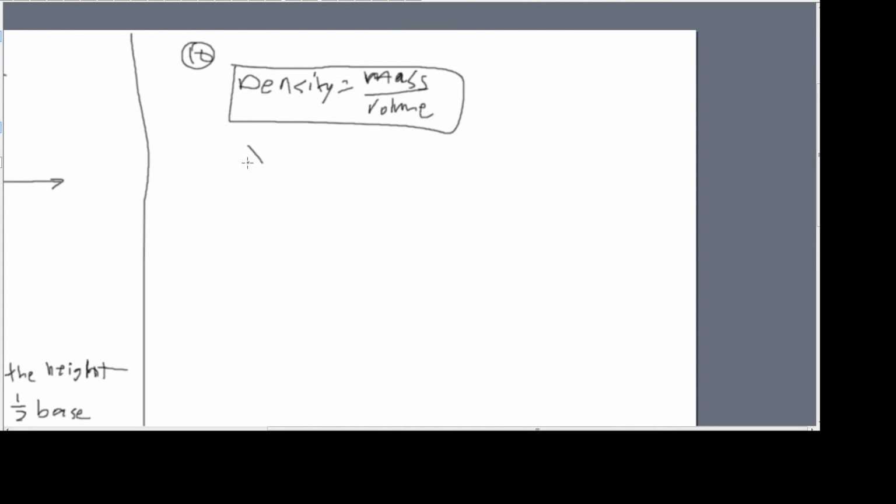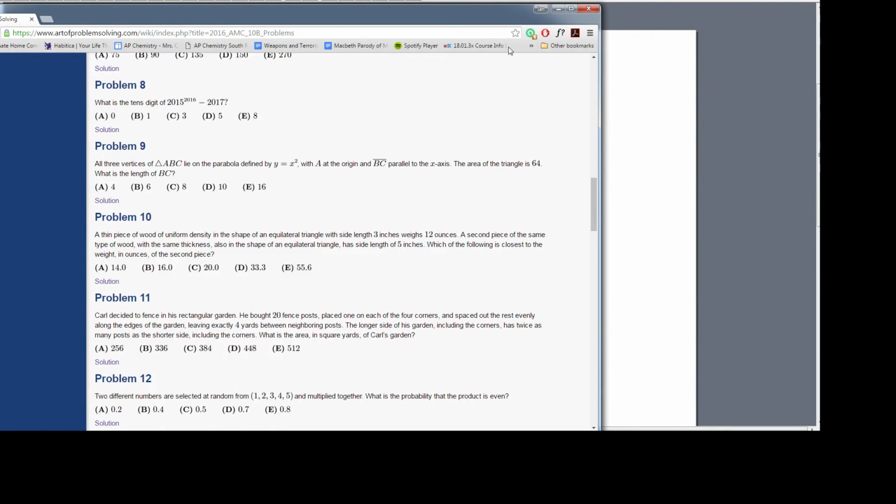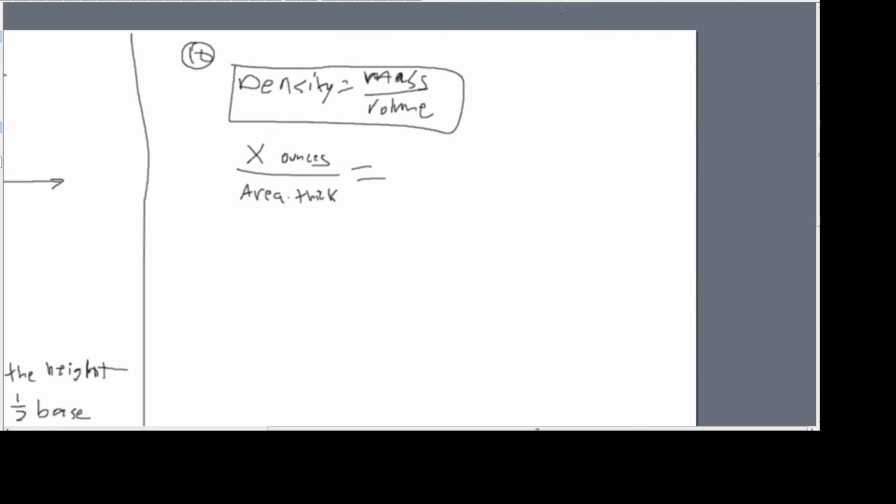So we're going to have x ounces, which is the mass, divided by the volume, which is going to be the area times the thickness, is equal to 12 over area. Let's just say area 5, and then area 3 times thickness.